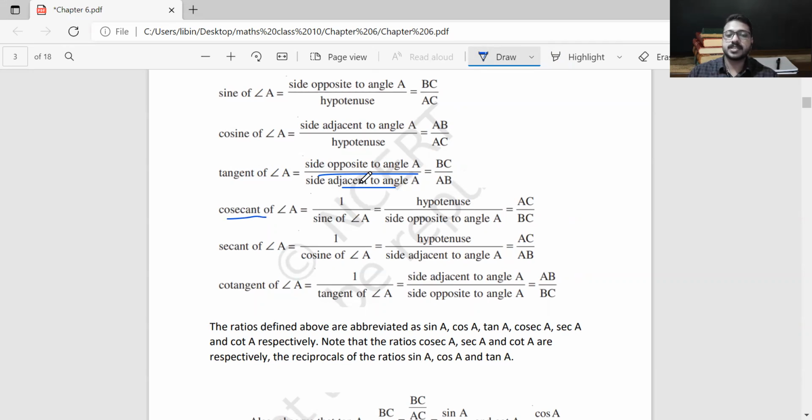Cosec means 1 divided by sine, the reciprocal of sine, which means hypotenuse divided by opposite side. Similarly, secant is the reciprocal of cos, that is hypotenuse divided by adjacent side, and cot is the reciprocal of tan, which is adjacent side by opposite side.